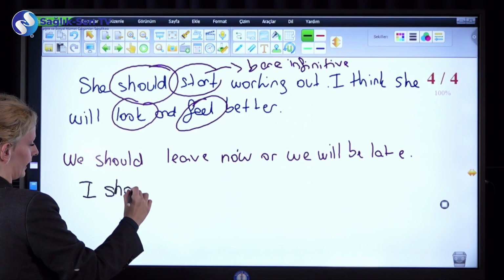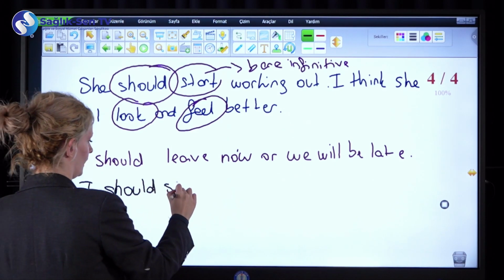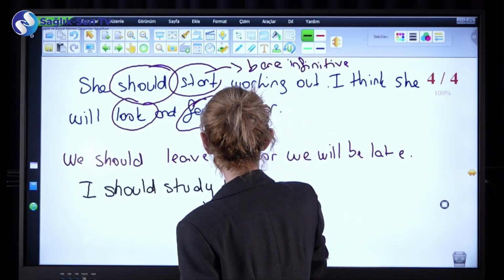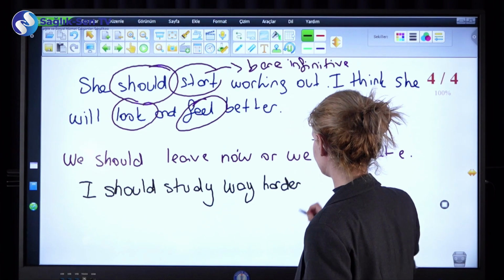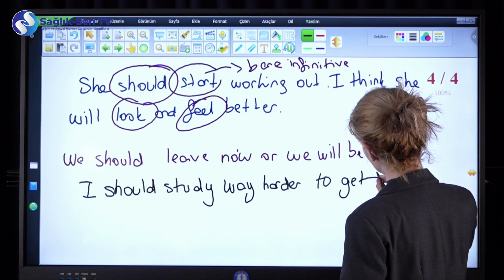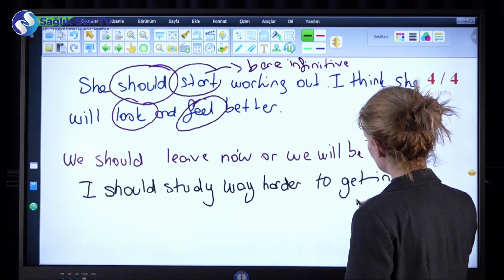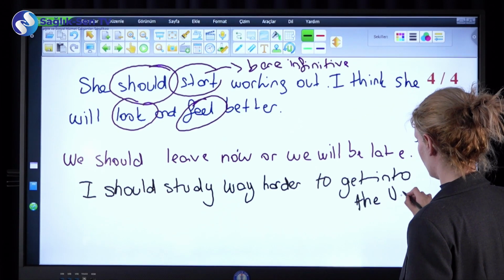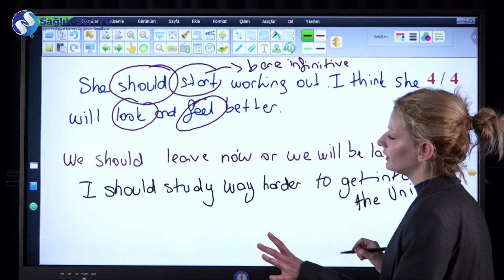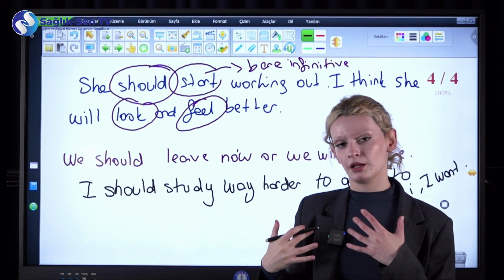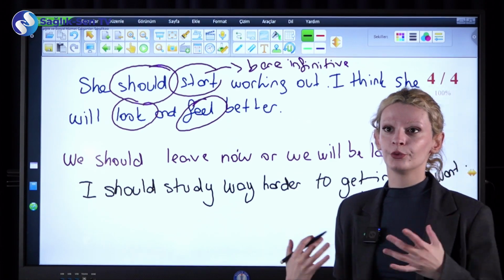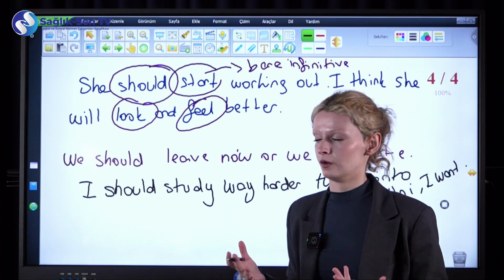Or I can say, I should study way harder to get into the university I want. In this one, I am giving myself advice. I know something that I should do to achieve my goal.